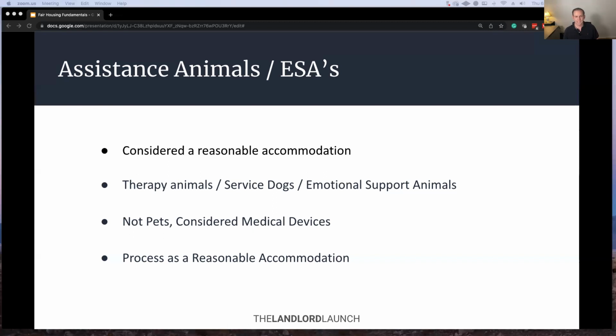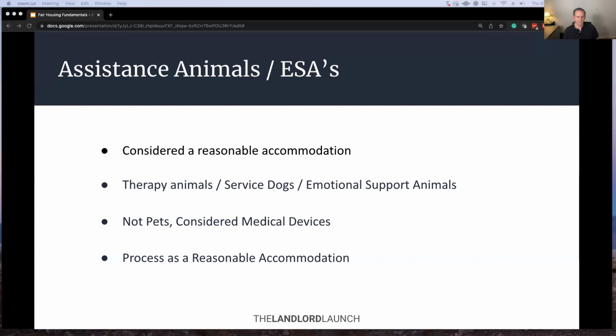They don't have the same protections. They can't go to the same places. They are just basically an animal, a companion animal, that you are allowed to have with you in a housing living situation if you meet the requirements of it. You don't get to take them everywhere just because they're an ESA.